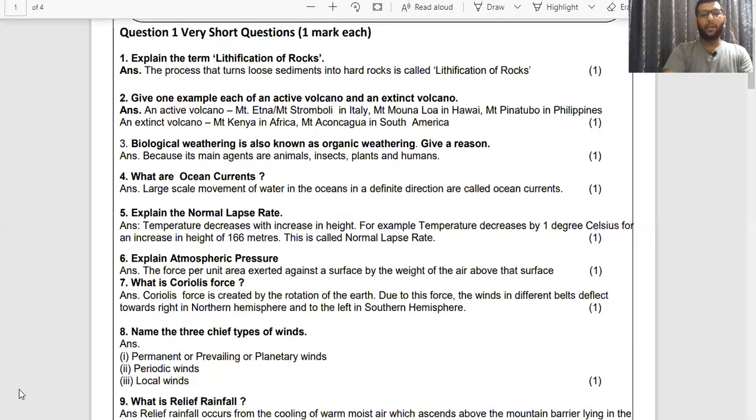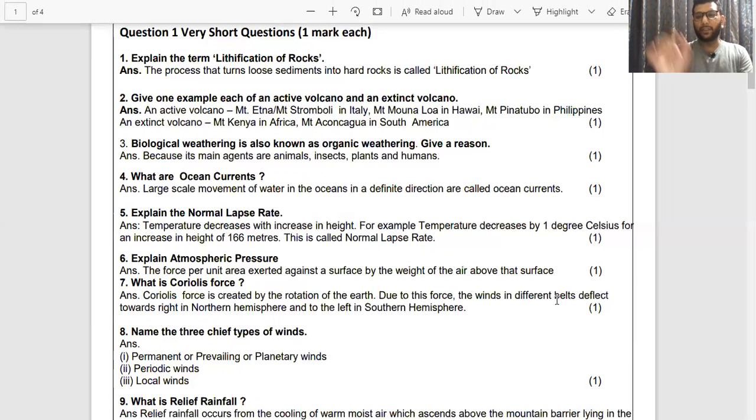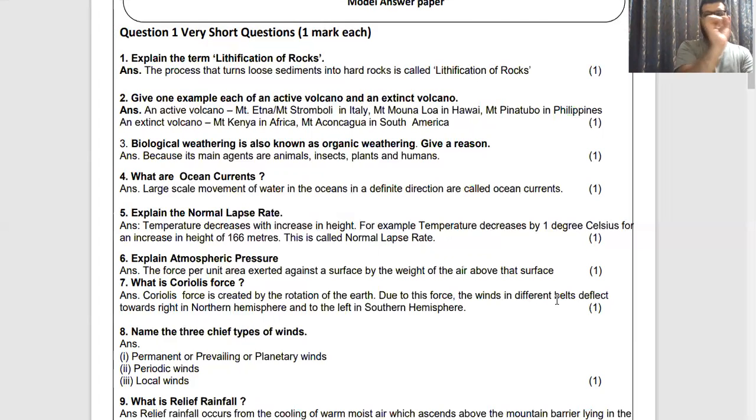For example, underline belts are deflected, right in northern hemisphere, left in southern hemisphere. This clearly attracts the paper corrector while giving you the marks. Of course, it's not compulsion. It's completely your choice. This is just a recommendation from my end.